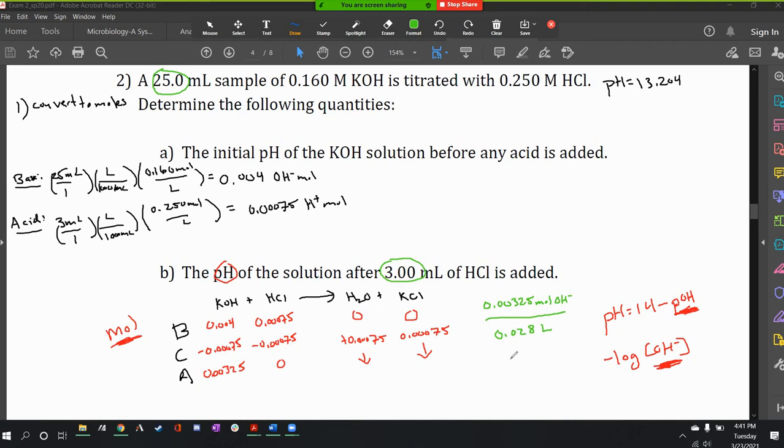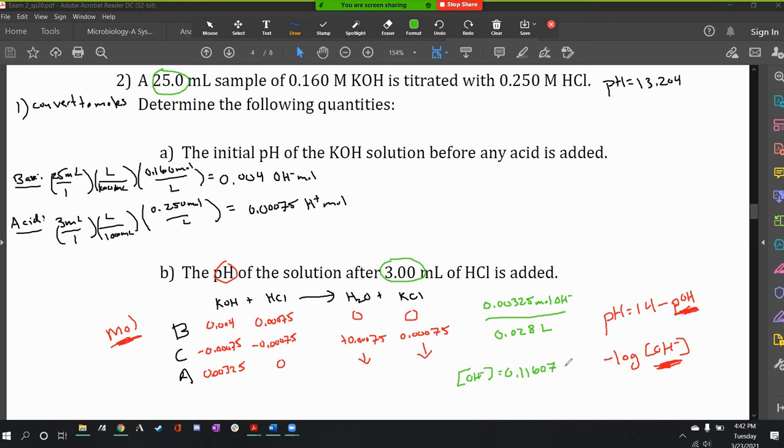So 0.00325 moles divided by 0.028 liters gets you a molarity of 0.11607. All right, cool.